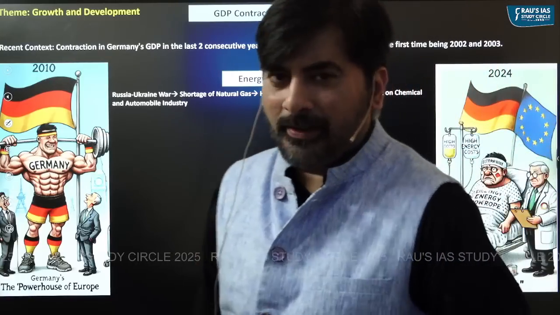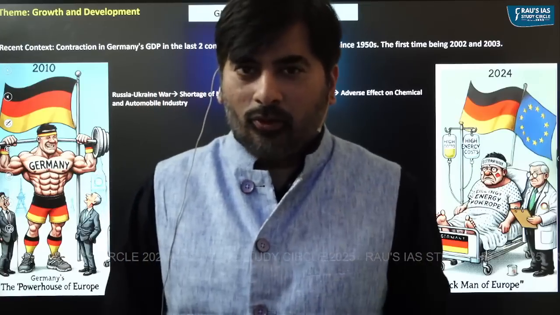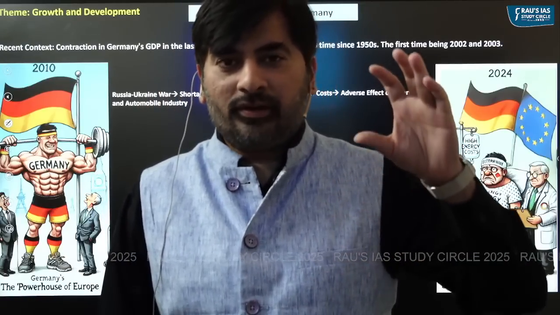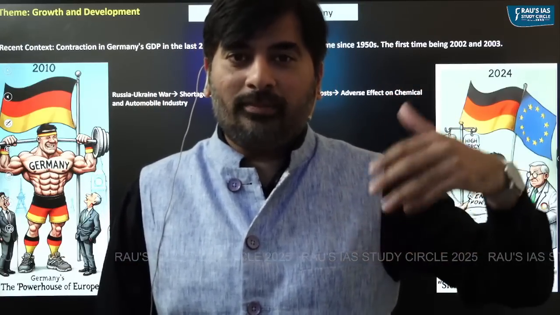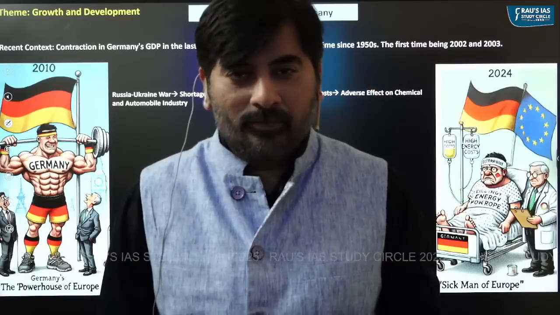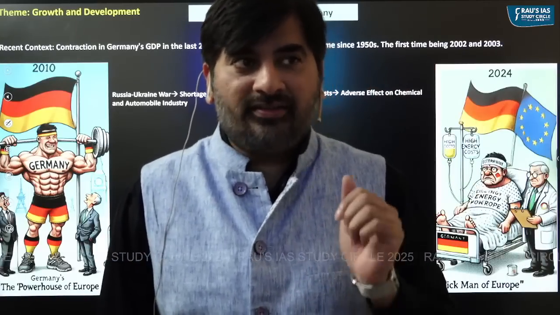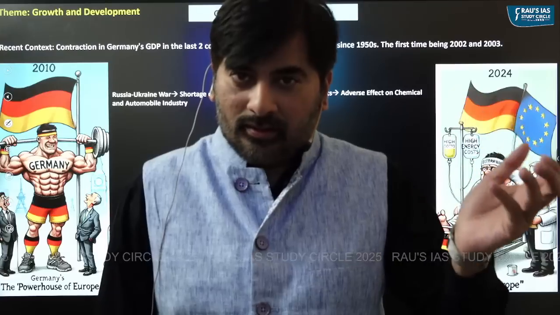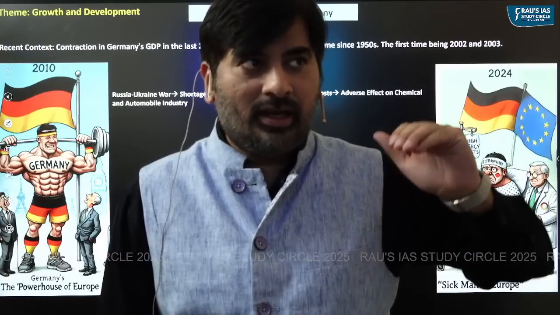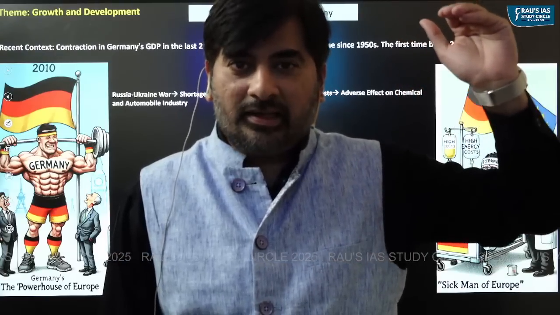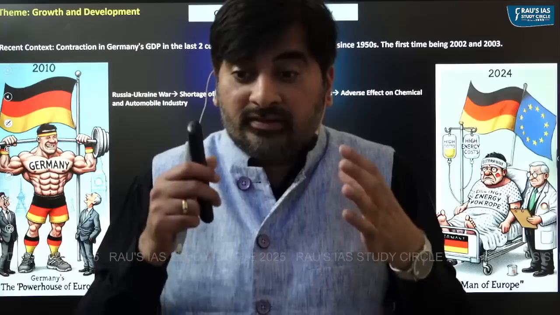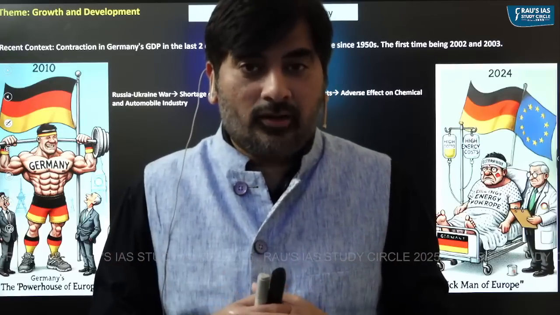Now think of India. India imports almost 85% of its crude oil requirements from other countries. So naturally, if something happens in the Middle East, and if the international crude oil prices increase, it would have a large scale effect on the Indian economy.